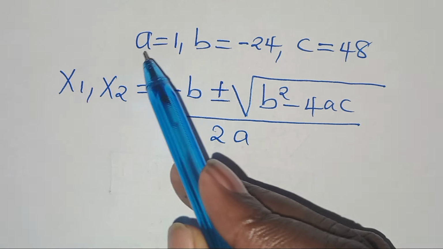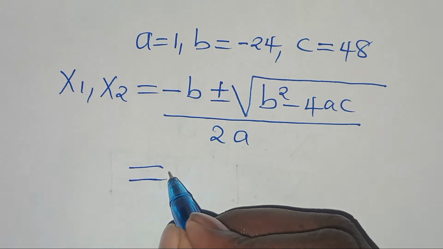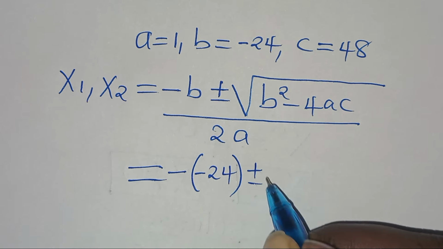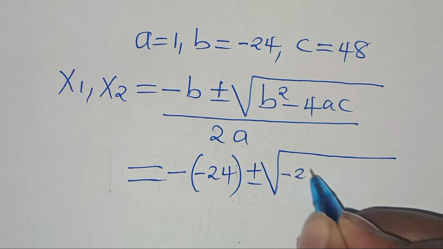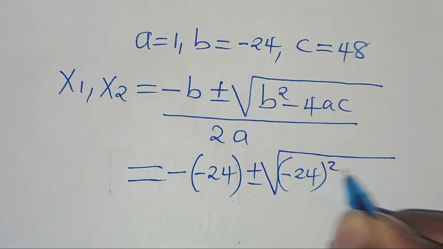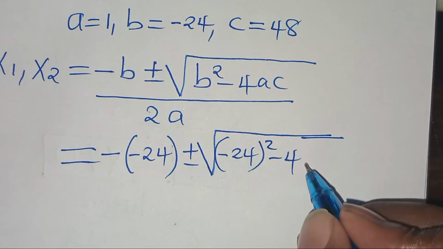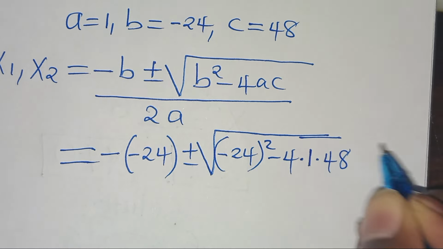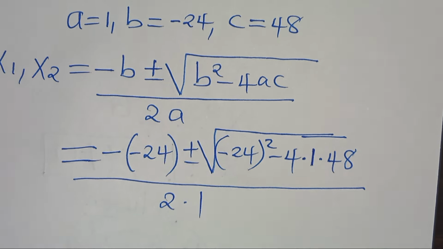So let's substitute the values of a, b, and c, so that now we have minus minus 24 plus or minus the square root of minus 24 squared, then subtract 4 multiplied by a, which is 1, then times c, which is 48, everything divided by 2 times 1.